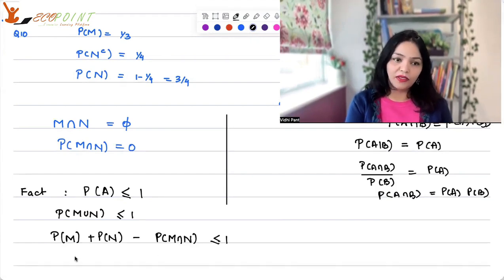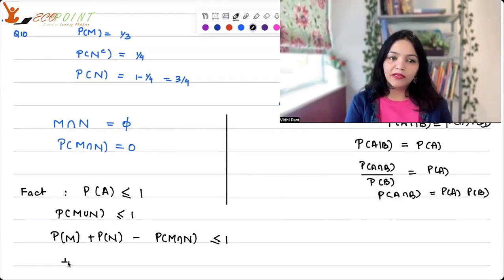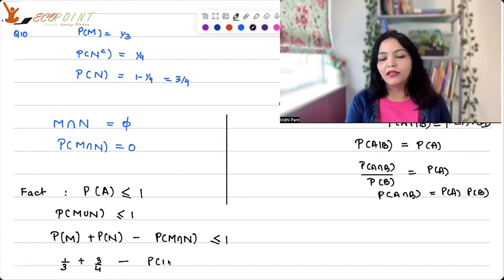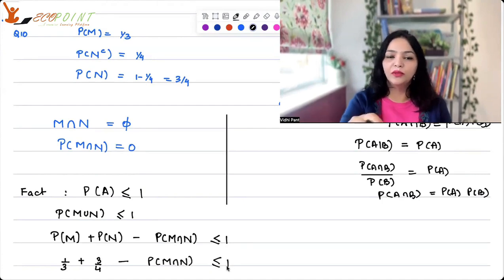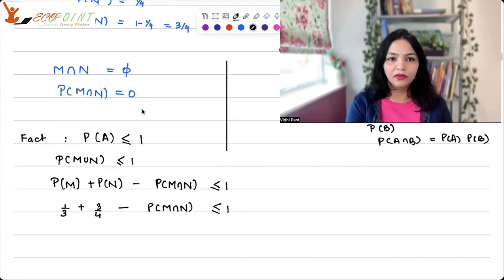If this is less than or equal to 1, that means probability M is 1 by 3, probability N is 3 by 4, minus probability M intersection N should be less than or equal to 1. What I'm going to do here is make the denominators equal.